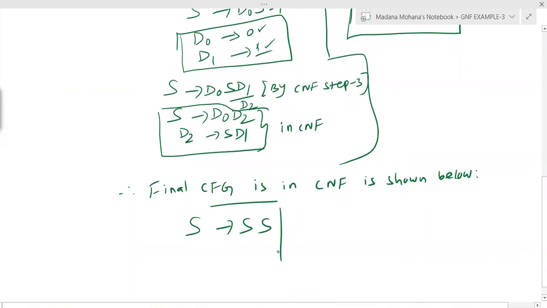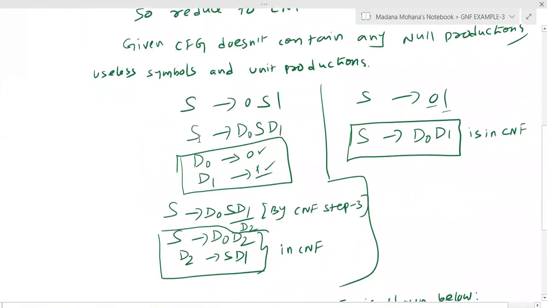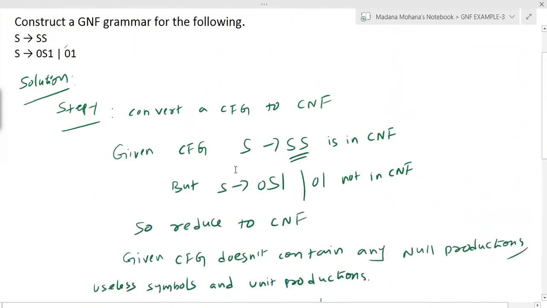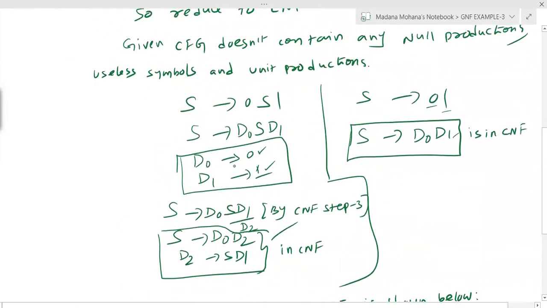Then you can combine all S productions. The new productions of S are D0 D2, and D0 D1. Total 3 S productions are there.